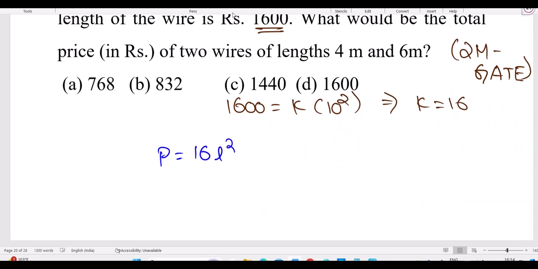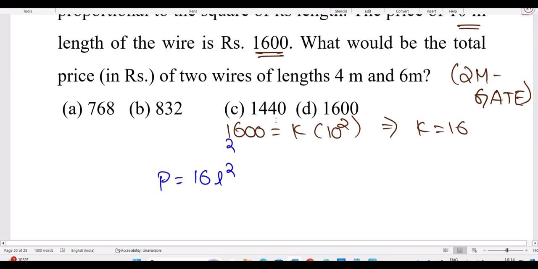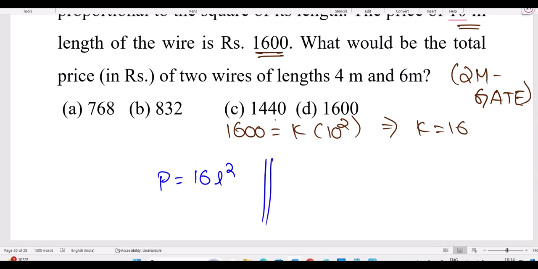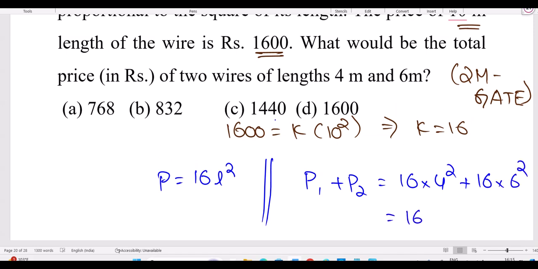Now they are asking the total price of two wires, which are 4 meter and 6 meter in length. What is the price of that? 16 into 4 square plus 16 into 6 square. If I take 16 common, 4 square is 16, 6 square is 36, so 52, which is 832.